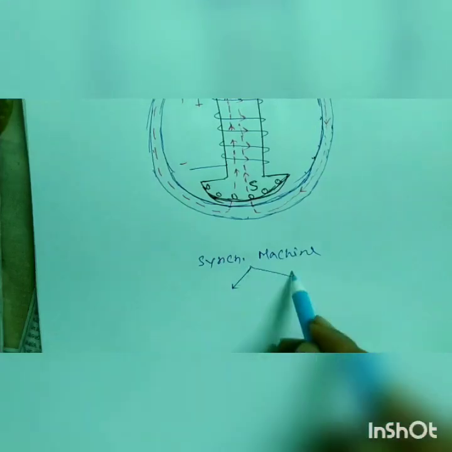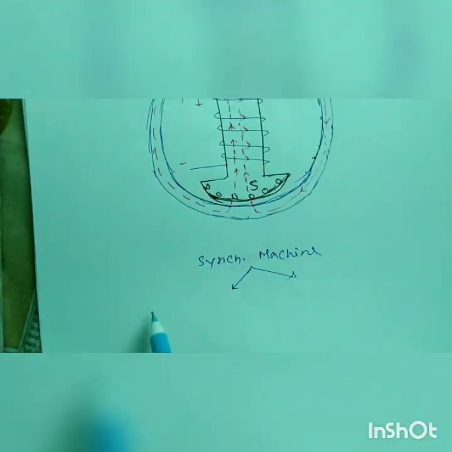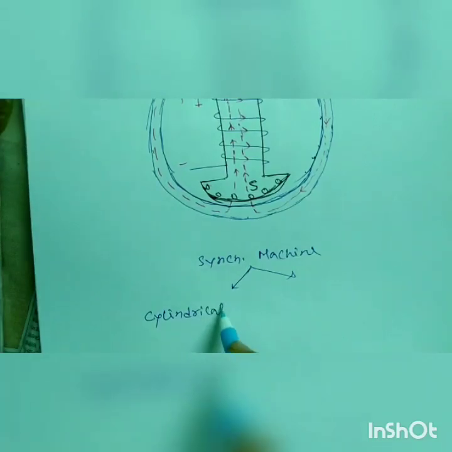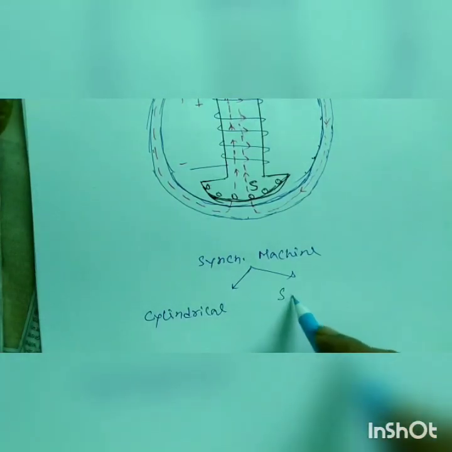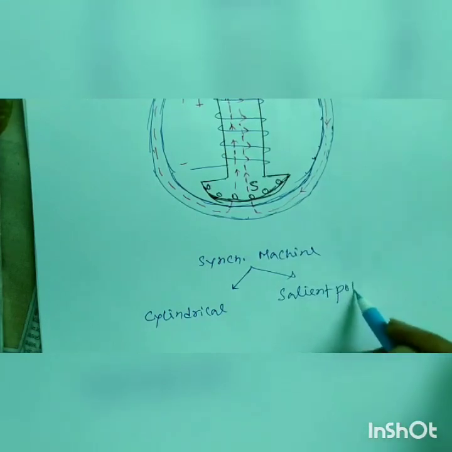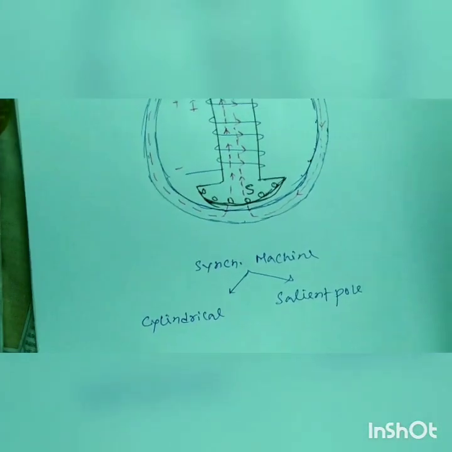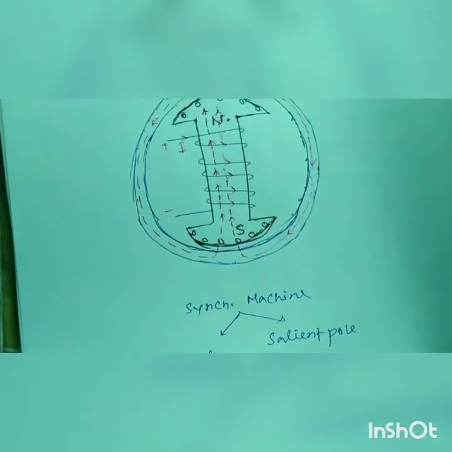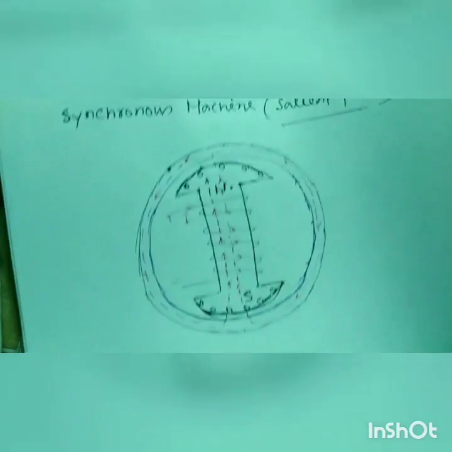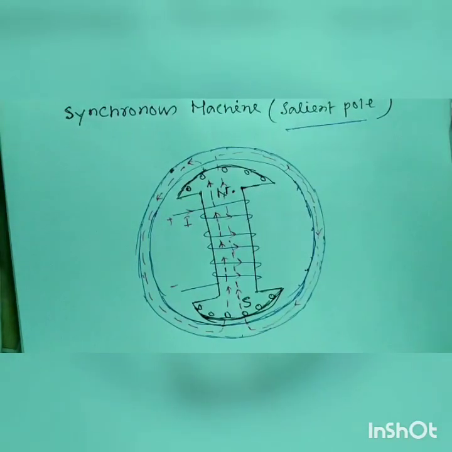One is cylindrical and another is salient pole synchronous machine. I'm going to first give you an introduction on the salient pole synchronous machine because it's a little bit more difficult than the cylindrical synchronous machine.